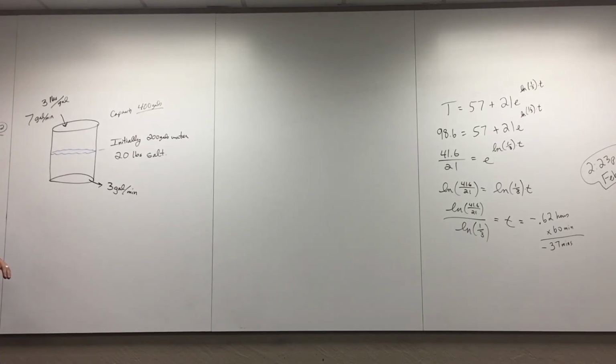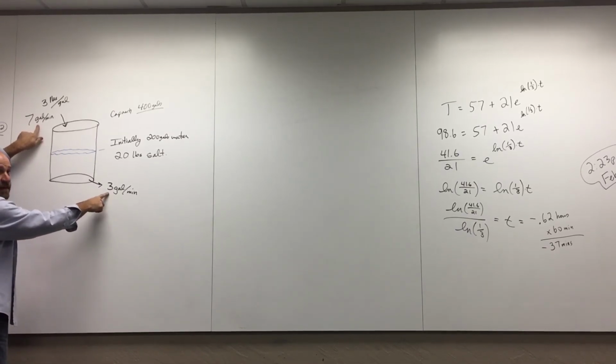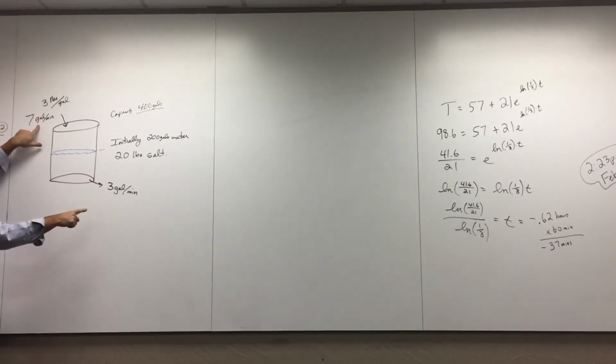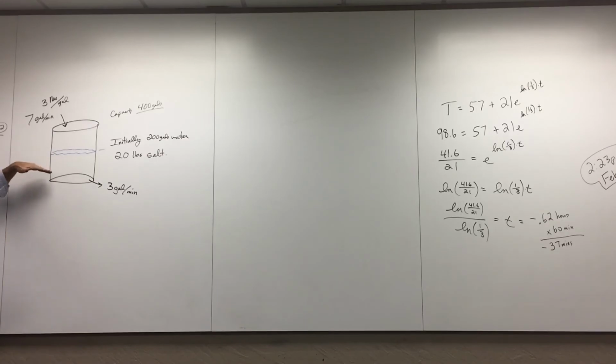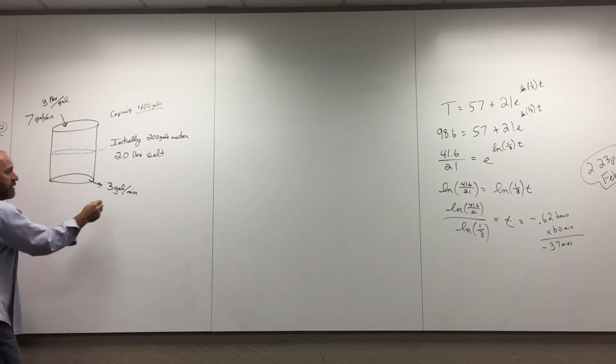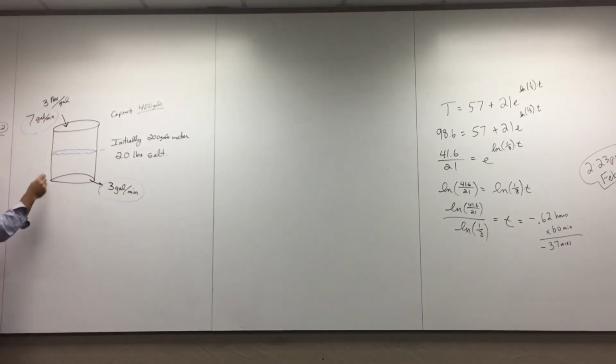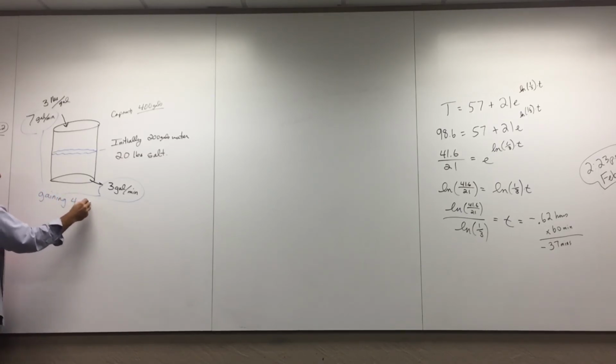How much is it gaining? 4 gallons per minute. Thank you very much. You're saying it's coming in at 7 gallons a minute, but it's only exiting at 3 gallons a minute. It's gaining 4 gallons a minute. So, by the way, I guess this thing will be full pretty soon. Let's just think that through again. You're saying because of those 2 numbers, this thing is gaining 4 gallons a minute.